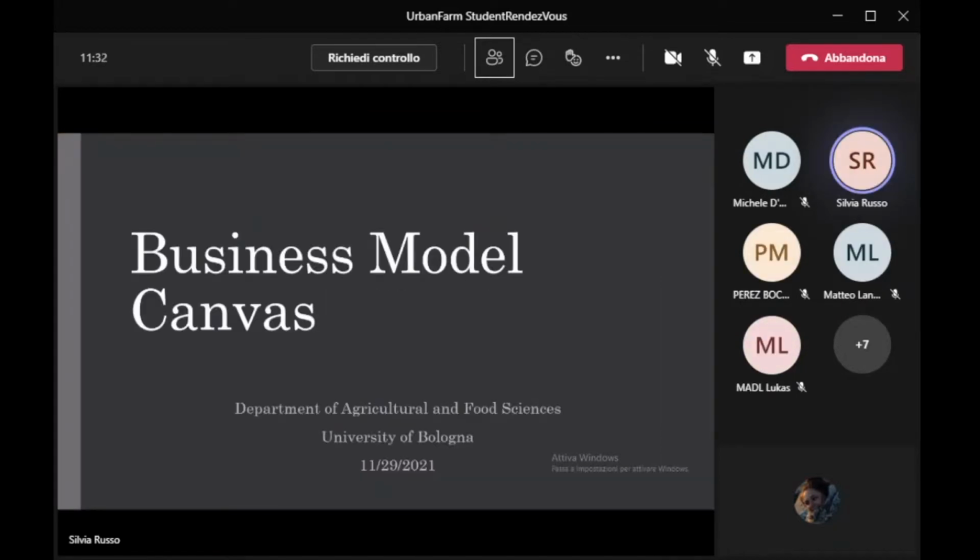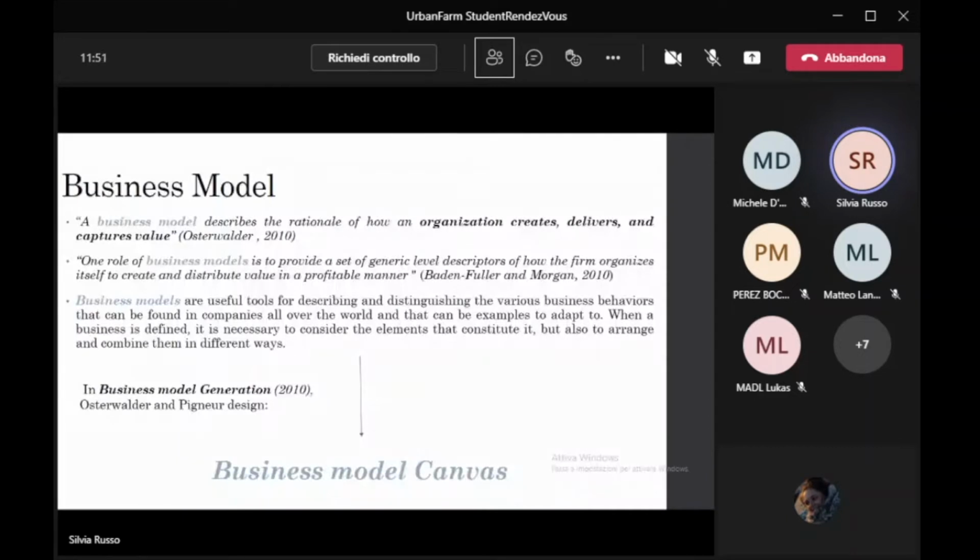Okay. Good morning. I am Silvia Russo, a PhD student at the Department of Agricultural Sciences at the University of Bologna, and today I present the business model canvas. But first, I think it is better to introduce the business model concept from which the business model canvas was developed.